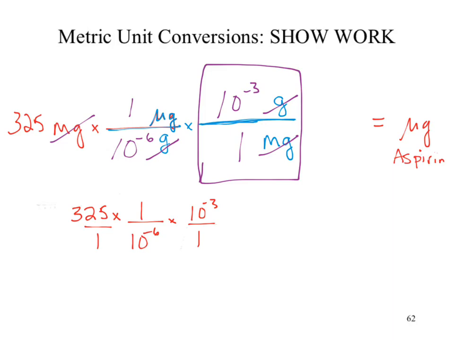What did the negative mean? Do the calculation in the opposite location. Where is the calculation being done currently? In the denominator. So let's do that calculation in the numerator. I could very well do the same thing to the 10 to the minus 3 and drop that calculation into the denominator.